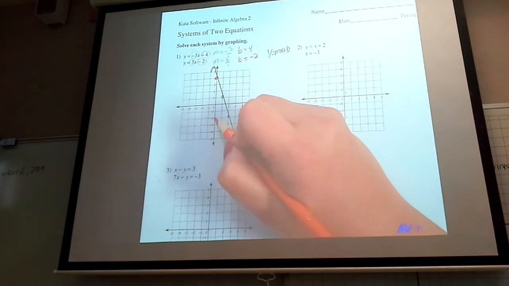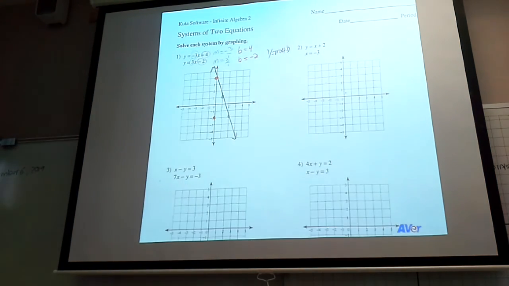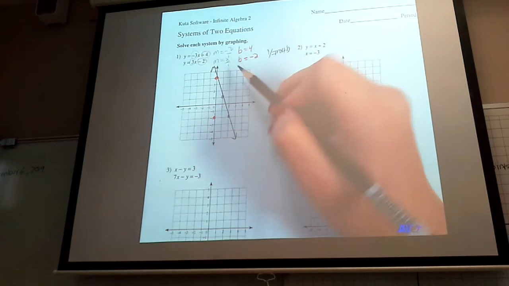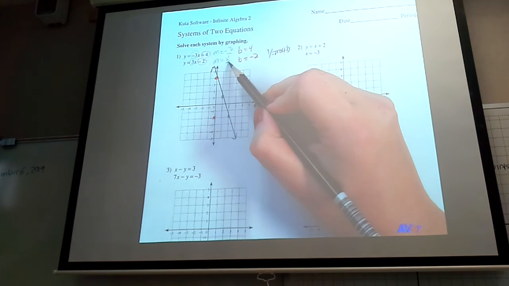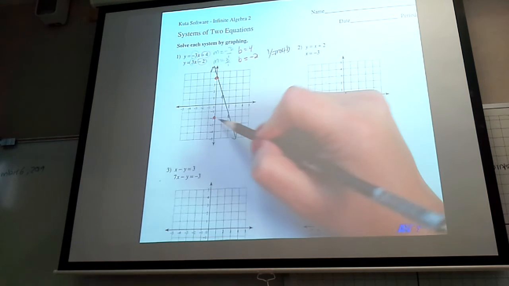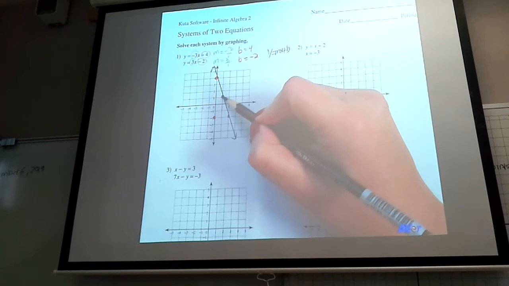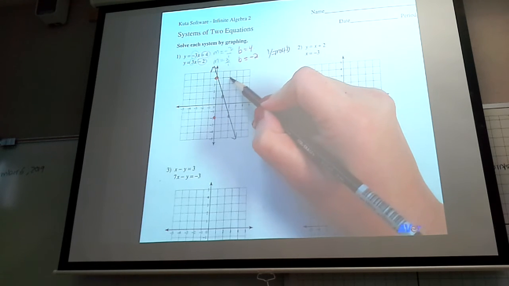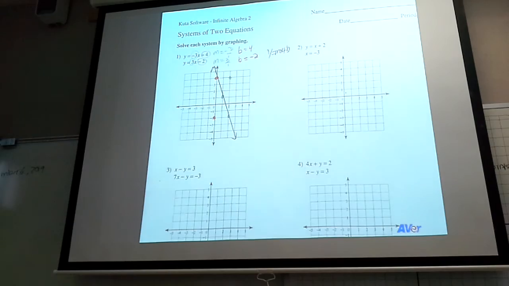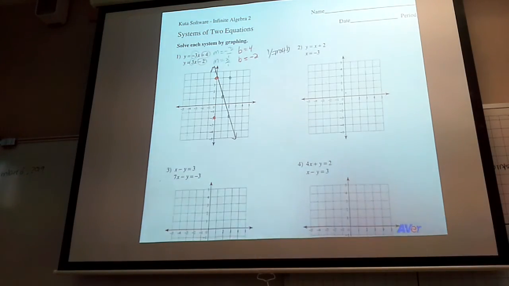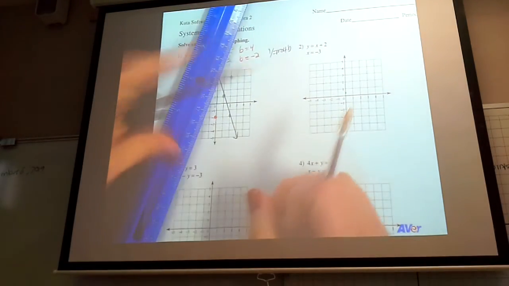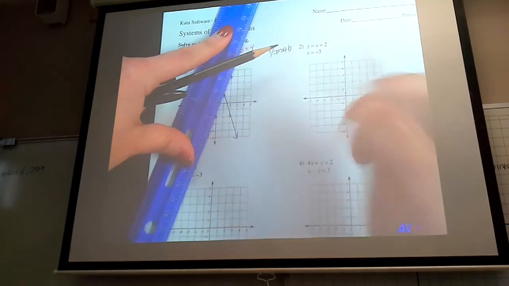So here I'm at -2. And my slope tells me to go up 3 and to the right 1. So from here I'm going to go up 3 to the right 1, up 3 to the right 1. Connect those 3 points. There we go.